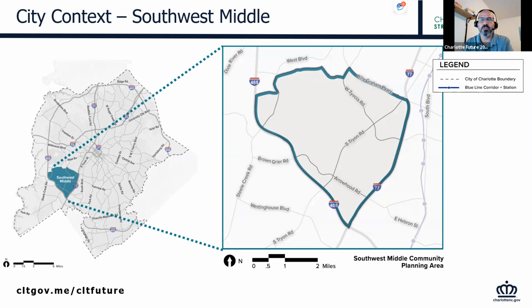Today's meeting is about the Southwest Middle Community Planning Area, which is generally the area south of the airport, between I-85 and I-77. It includes the area around Billy Graham, West Tyvola, City Park, Old Coliseum area, and the area around Whitehall, Arrowwood, and South Tryon Street. That's the area we'll be focusing on for this meeting.